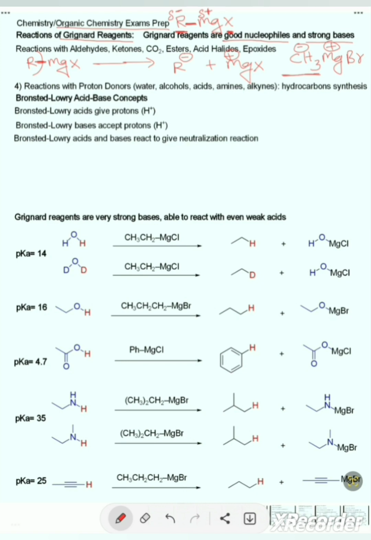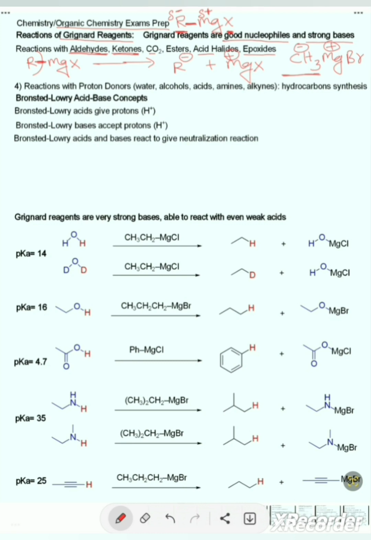Now, so far we have seen the reactions of Grignard reagents with carbonyl carbons. We have seen the reactions of Grignard reagents with aldehydes, ketones, carbon dioxide, esters, acid halides, and epoxide. So the aldehydes and ketones would react with Grignard reagents, and it's a two-step reaction.